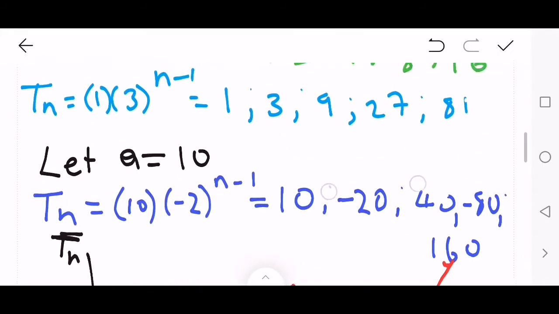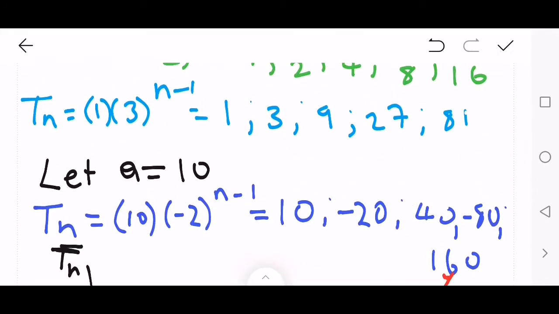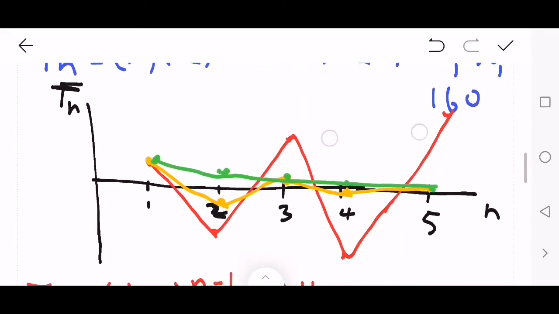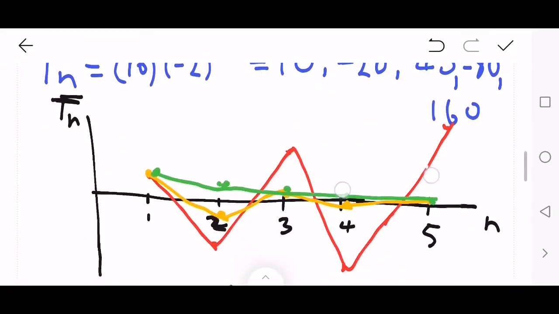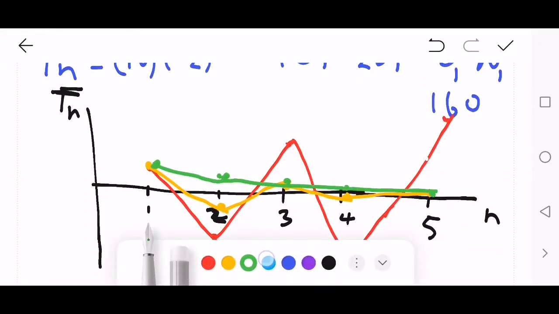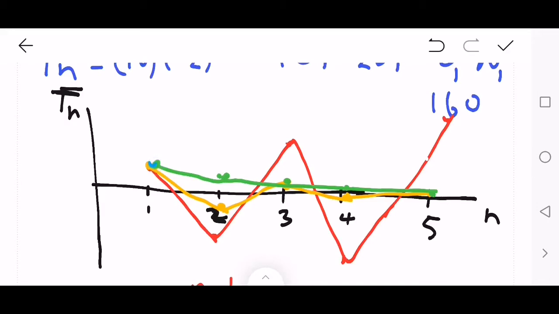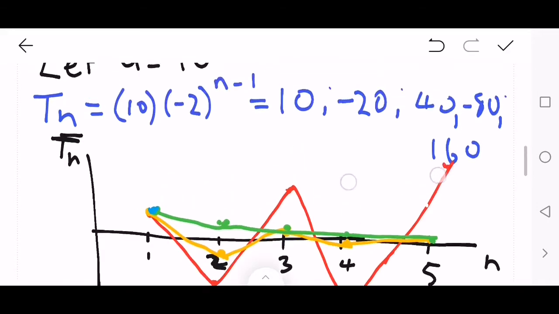Now let us look at the graph of constant ratio 3. Our first term is 1. Our second term is 3.